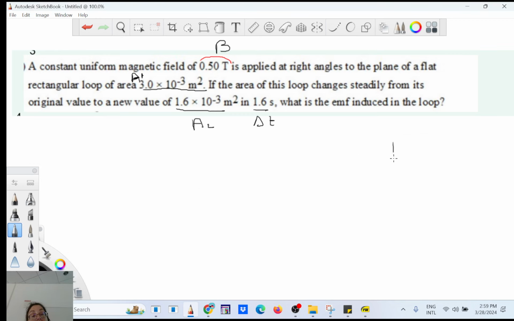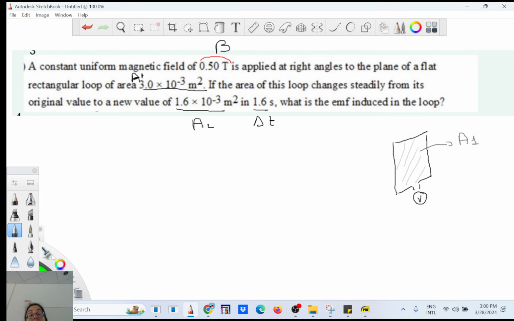I'm going to try to draw something. No, we have to factor out. So I'm actually A2 minus A1.